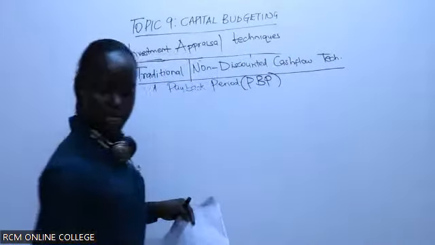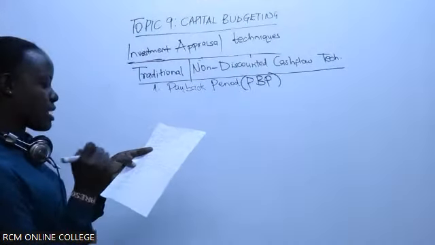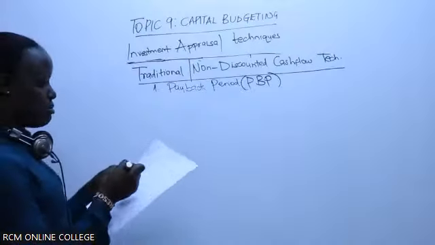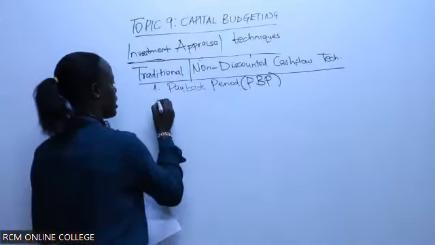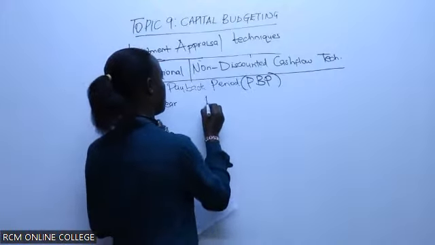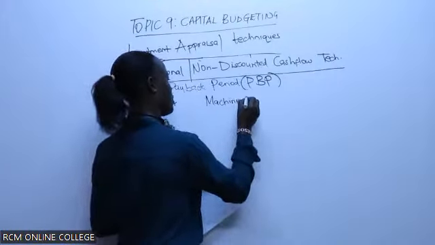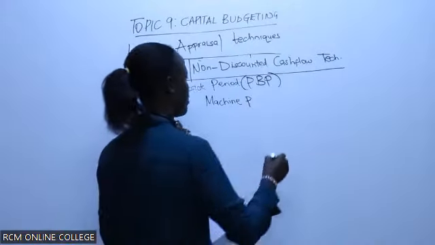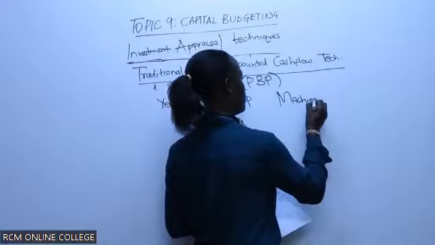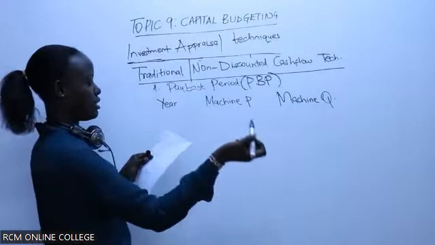We have the year, machine P, and finally machine Q.